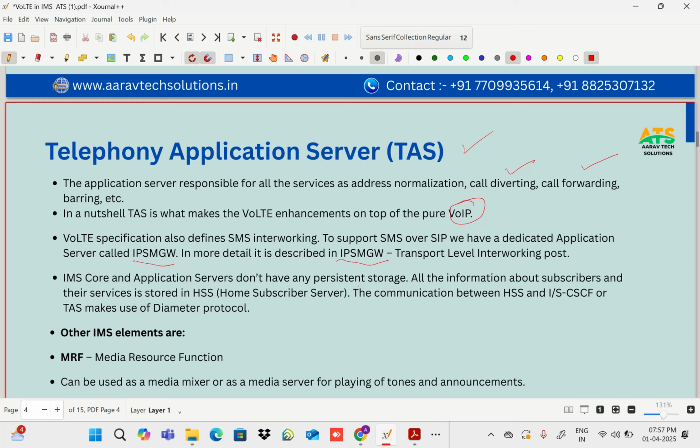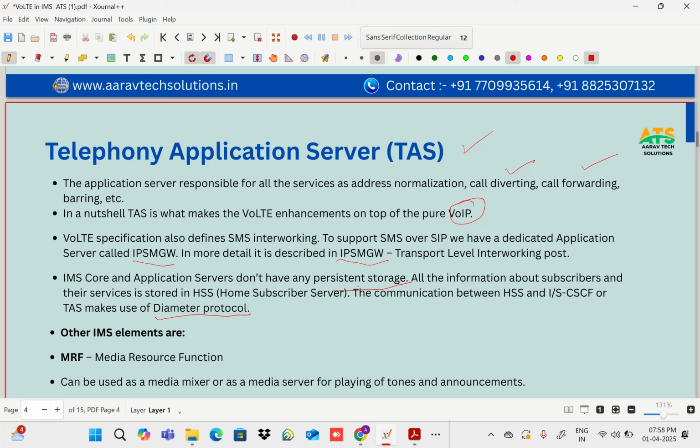IMS core and application servers don't have any persistent storage. All the information about subscribers and their services is stored in the HSS, home subscriber server. The communication between HSS and ICSCF, SCSCF or TAS makes use of the diameter protocol.